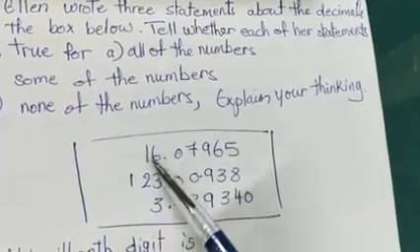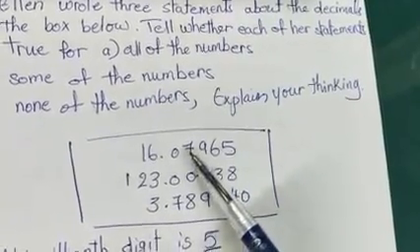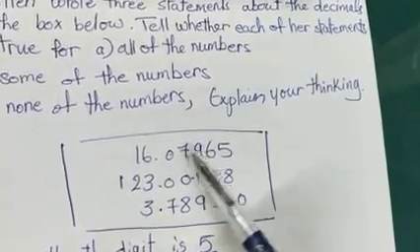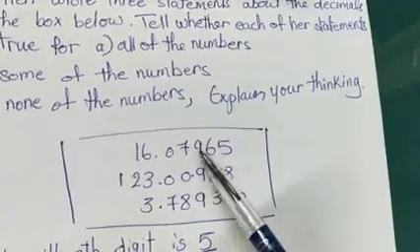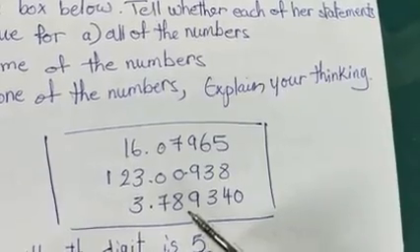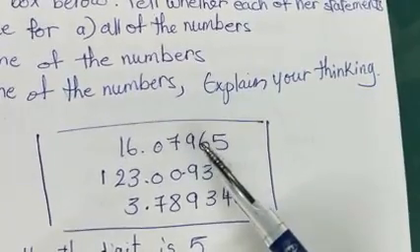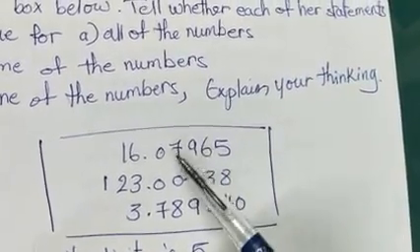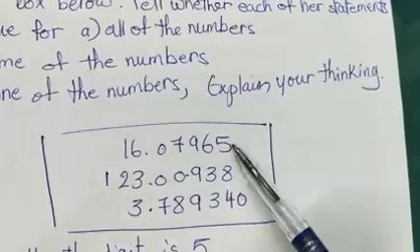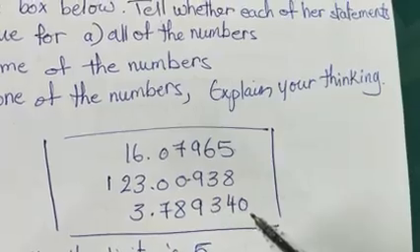The first number is 16 and 7 thousandths, 965 ten thousandths.